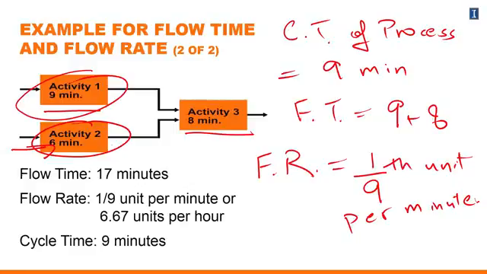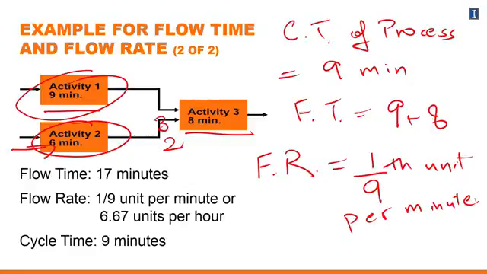What will happen is activity 2 will get done in 6 minutes, and it'll have to wait 3 minutes for whatever comes from activity 1, and it is also 2 minutes less than what it takes activity 3 to get done.